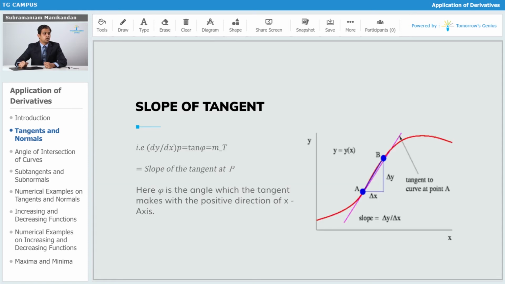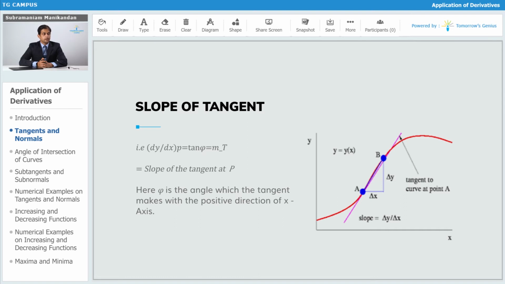Consider the graph of a function which is shown here, the red colored graph, and consider 2 points A and B which are separated horizontally by a distance delta x and vertically by a distance delta y.